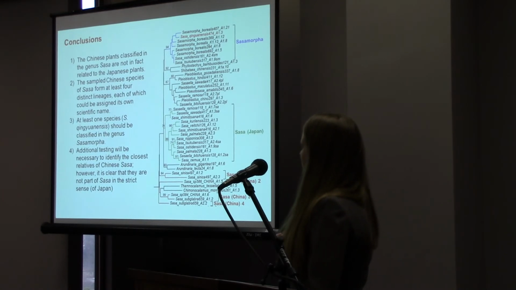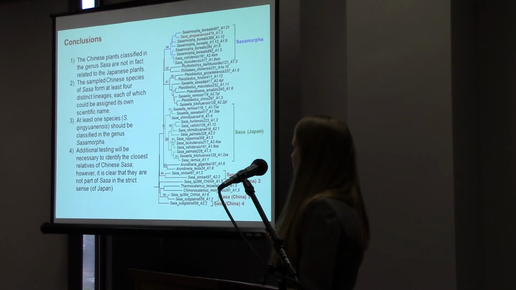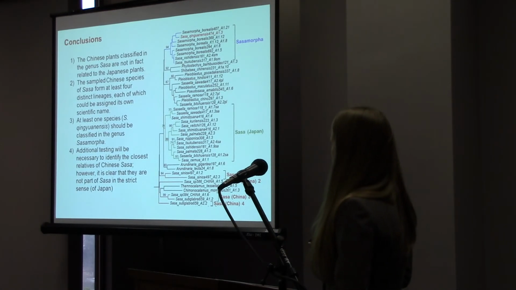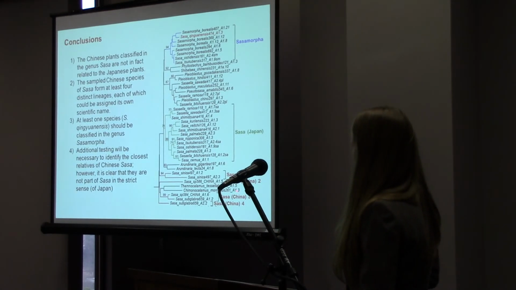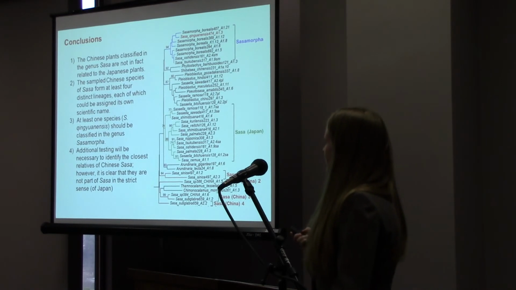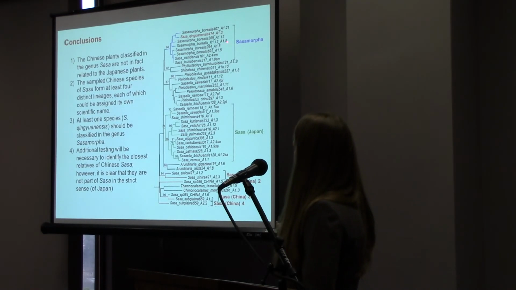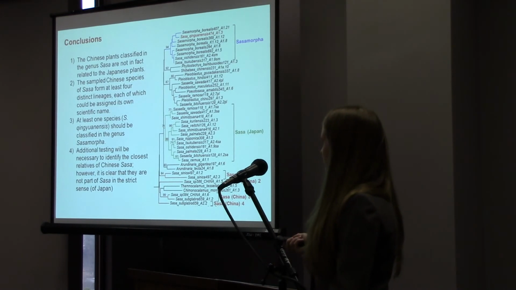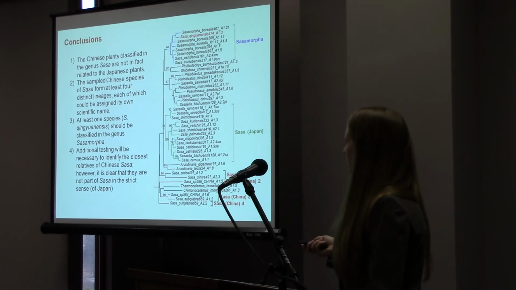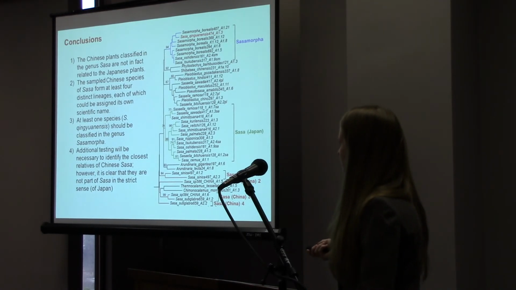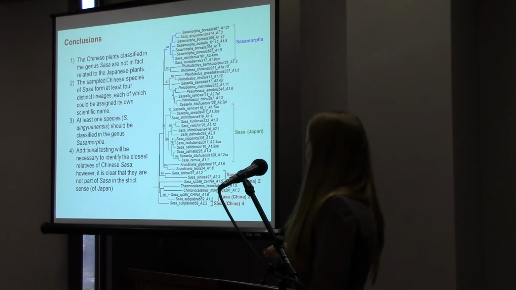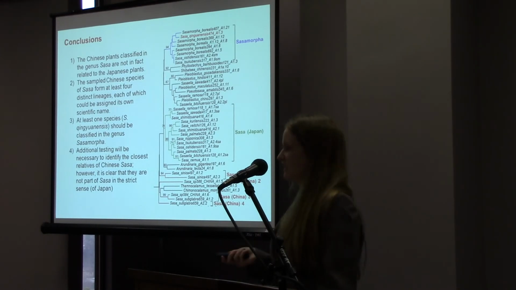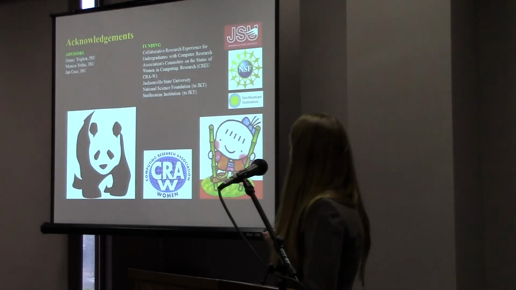The sampled Chinese species of Sasa form at least 4 distinct lineages, each of which could be assigned its own scientific name. So there's 1, 2, 3, and 4. And at least one species, Sasa chuanensis, should be classified in the genus Sasamorpha. Additional testing will be necessary to identify the closest relatives of Chinese Sasa. However, it is clear that they are not part of Sasa in the strict sense of the Japanese Sasa.